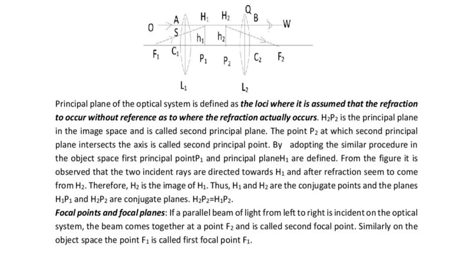Focal points and focal planes. If a parallel beam of light from left to right is incident on the optical system, the beam comes together at a point F2 and is called second focal point. Similarly, in the object space, the point F1 is called the first focal point.